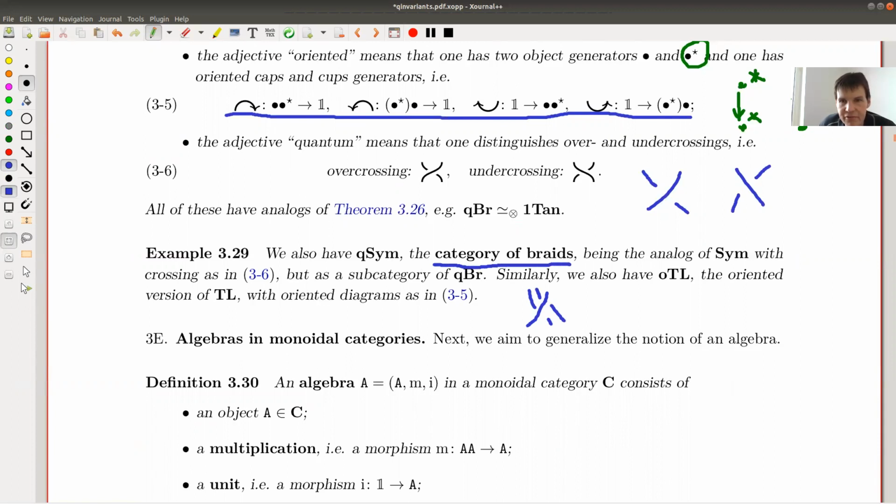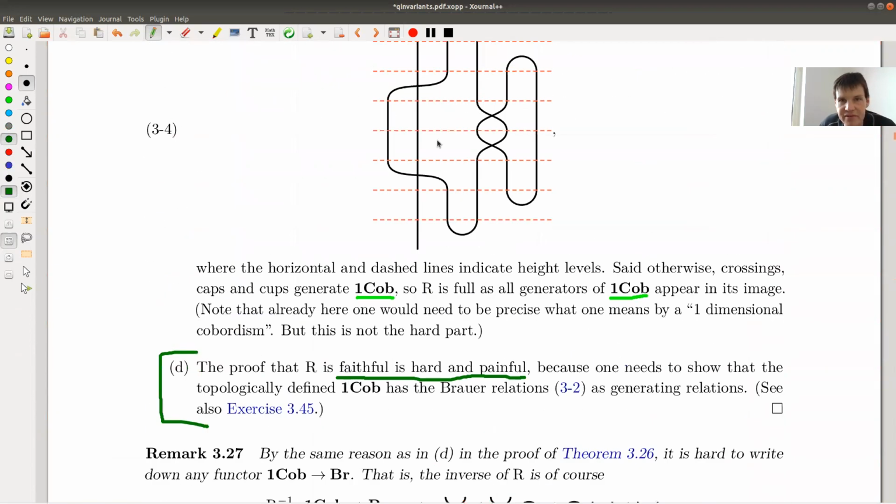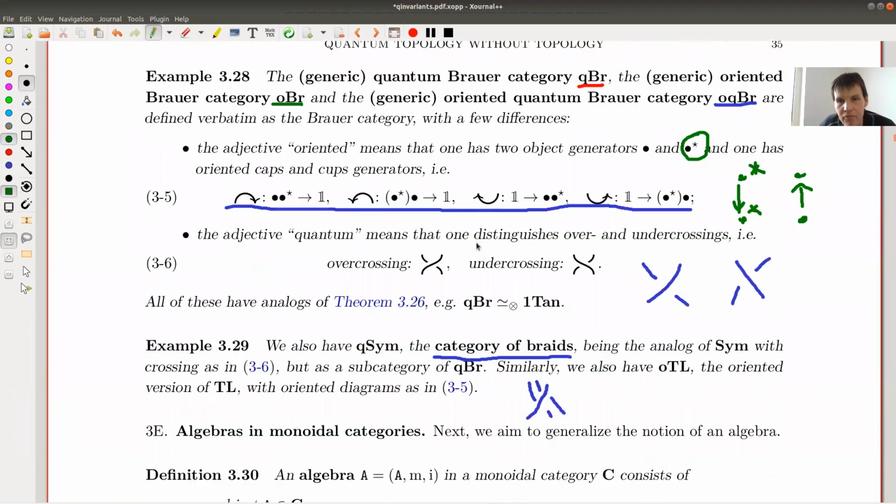And this is actually the category of braids. So now I have over and under crossings, the category of braids. And you have the analogs of the theorem. All the difficulties are actually in this theorem already. If you know that, then to prove something like this isn't all that bad anymore. So if you allow over and under crossings, then quantum Brouwer, Q Brouwer, is an algebraic description, an algebraic model of tangles.